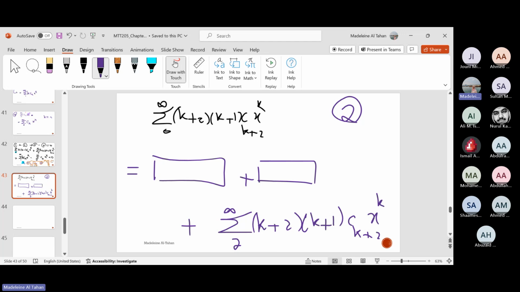At K equals 0, what will we get, miss? 2 C2. At K equals 1, 6 C3 times X. So this one, at K equals 0, we substituted, and this one, at K equals 1.